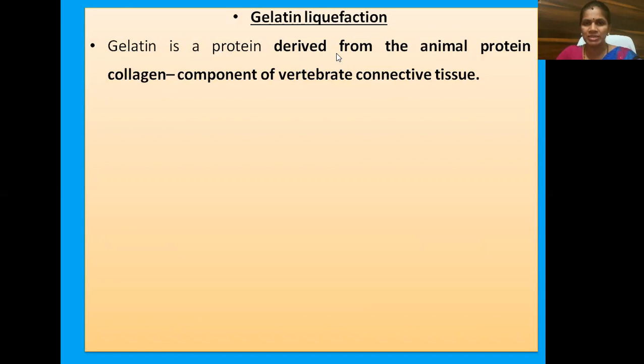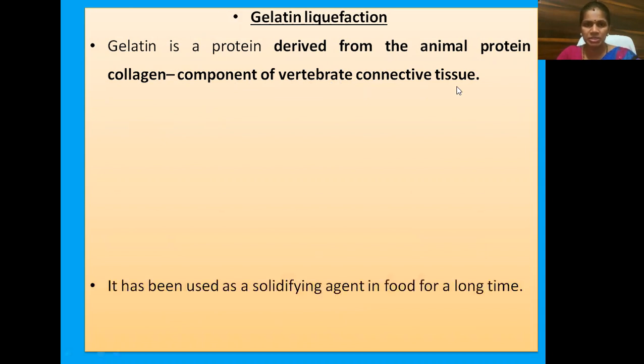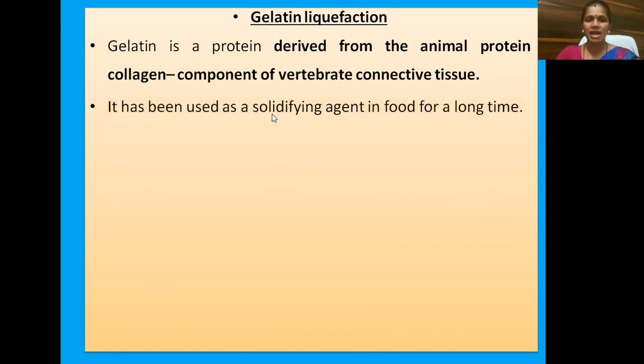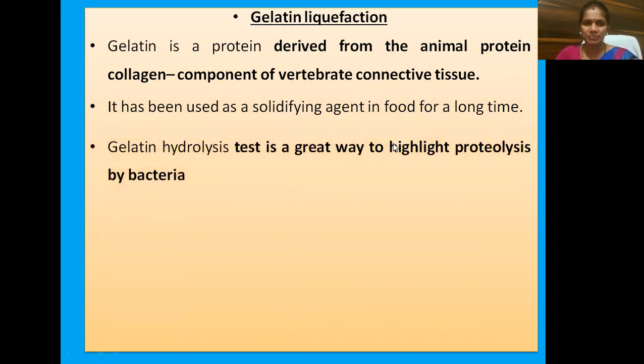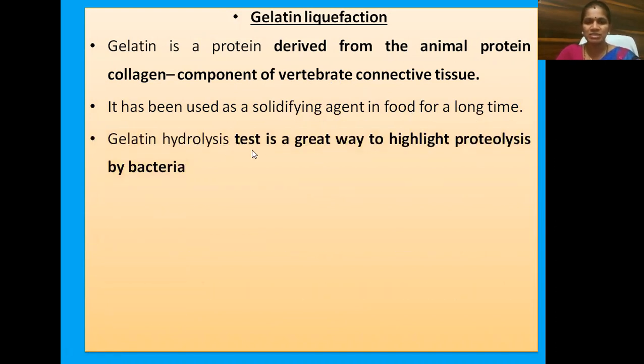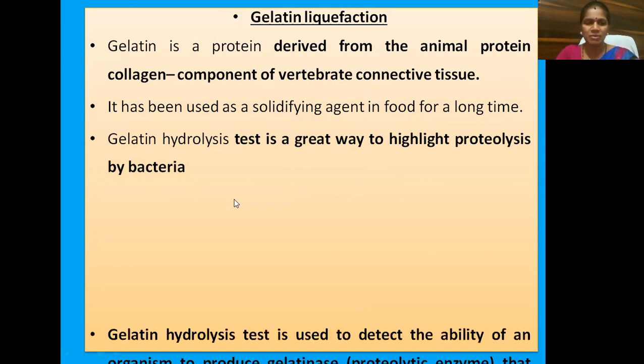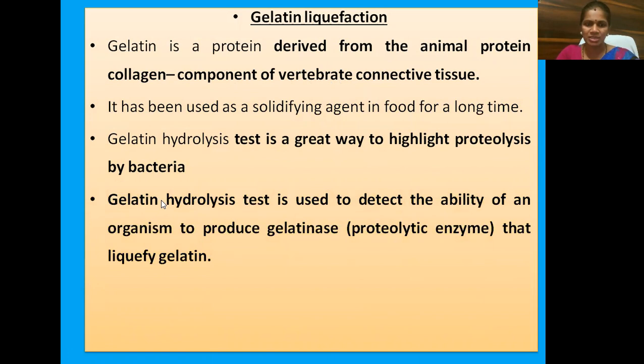Gelatin is a protein derived from the animal protein collagen, which is a component of vertebrate connective tissue. It has been used as a solidifying agent in food for a long time. Gelatin hydrolysis test is a great way to highlight proteolysis by bacteria.